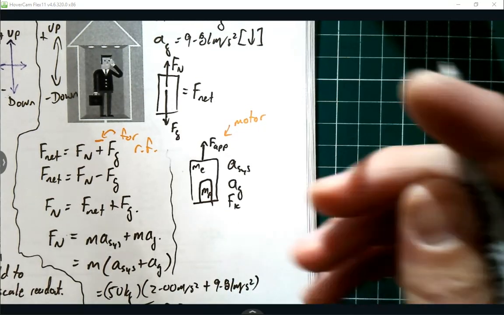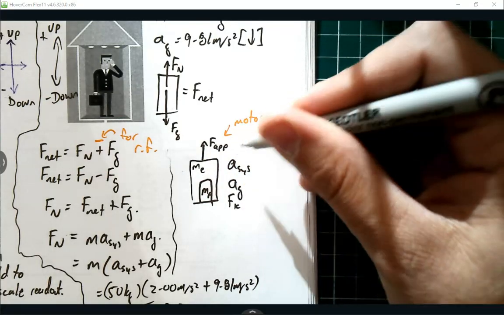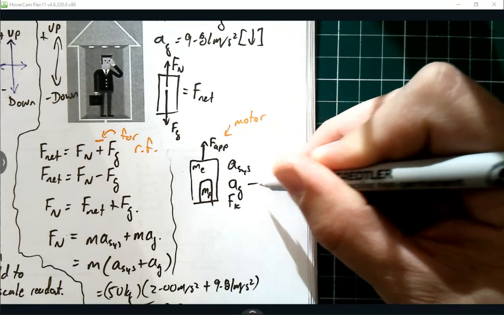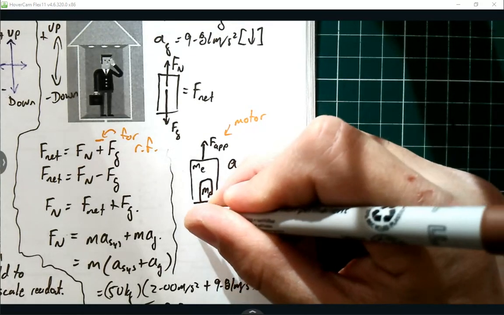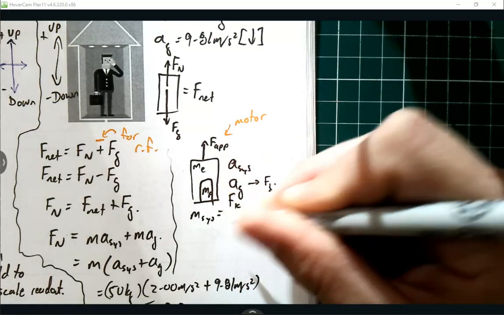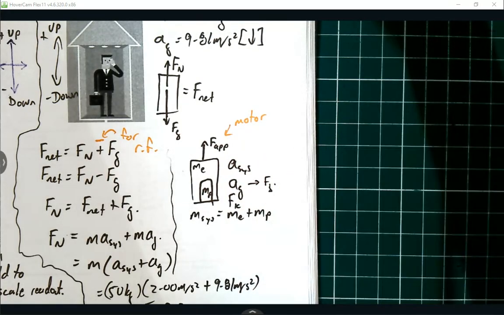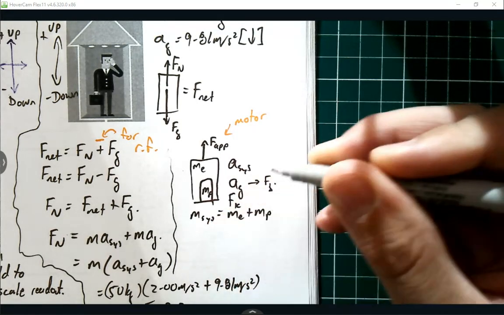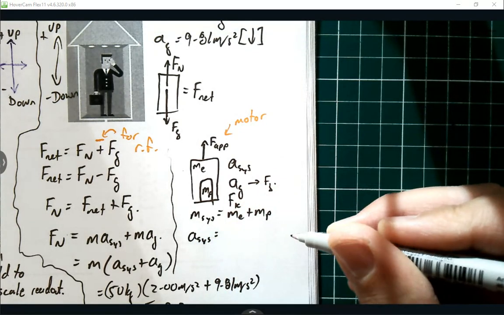And then if I was going to think about these masses, these accelerations, this force, don't forget there's Fg associated with that Ag. Then I might say the mass of the system equals mass of elevator plus mass of person. If I wanted to find the acceleration of this system, I would do something like acceleration of the system equals F net over the mass of the system.